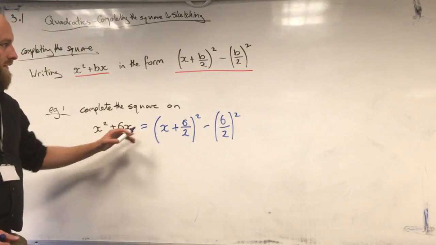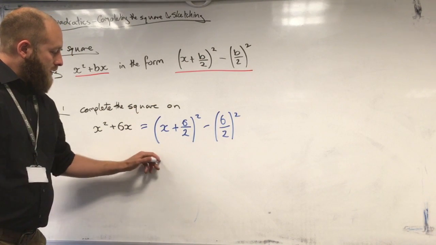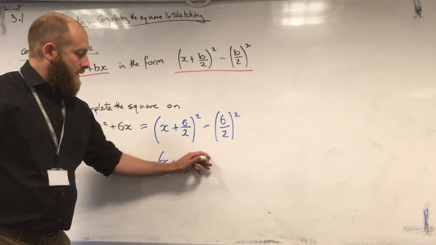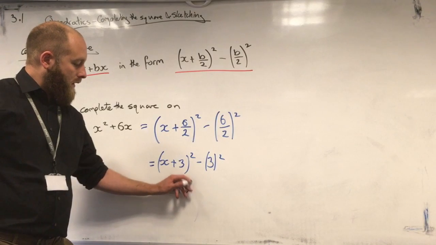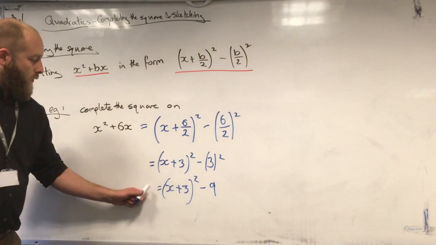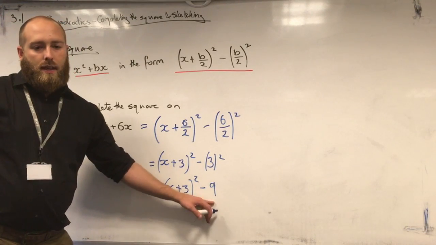So literally just put 6 in where it says b in this equation. Now I'm going to simplify. So it's going to be x plus 3 squared minus 3 squared, which is x plus 3 squared minus 9. So the completed square form of x squared plus 6x is x plus 3 squared, take 9.